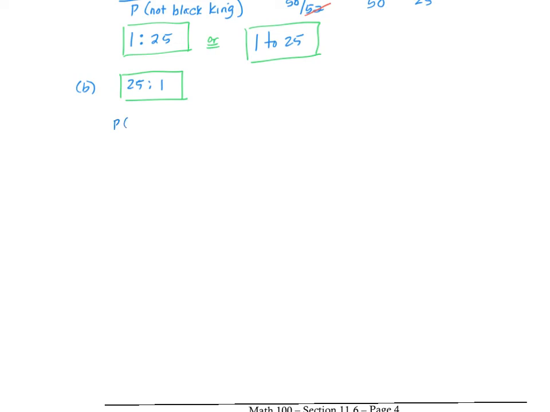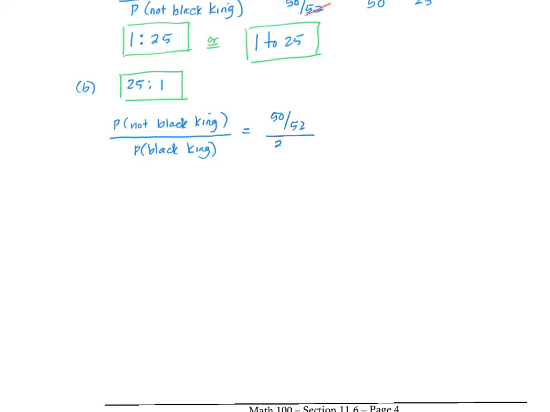The probability of not getting a black king over the probability that you do get a black king. The probability of not getting a black king would be 50 out of 52.